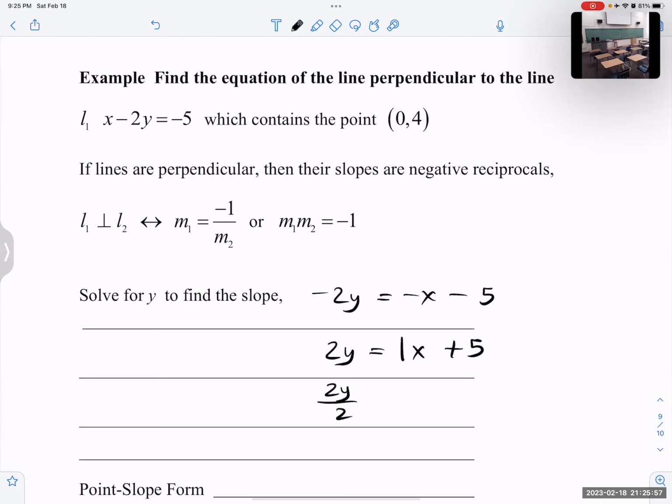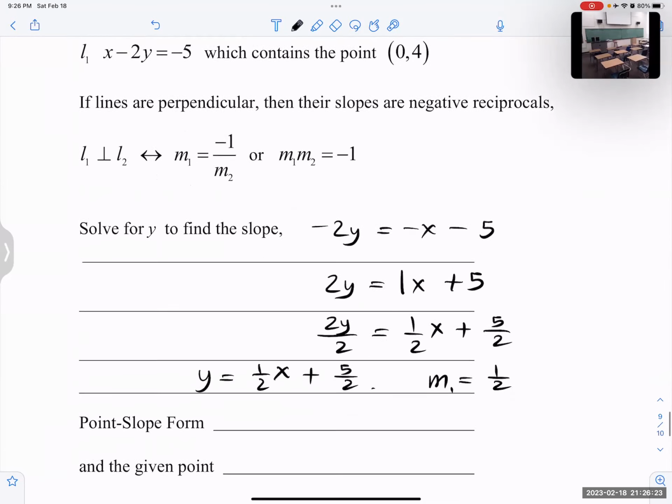So simplifying, we have y equals positive 1/2 x plus 5/2. Since the slope is positive 1/2 for line 1, the other slope for the perpendicular line is going to be -2.